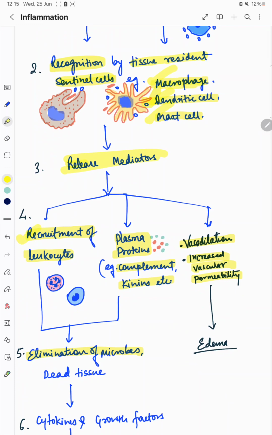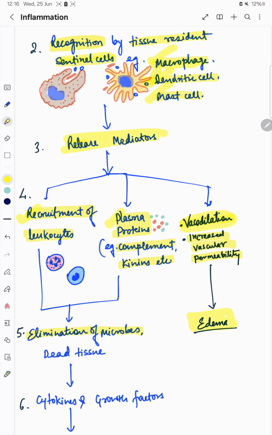First, they recruit leukocytes, mainly neutrophils and macrophages. They release some plasma proteins like complement and kinins, and by the release of the mediators, there will be vasodilation and increased vascular permeability, which result in swelling or edema.